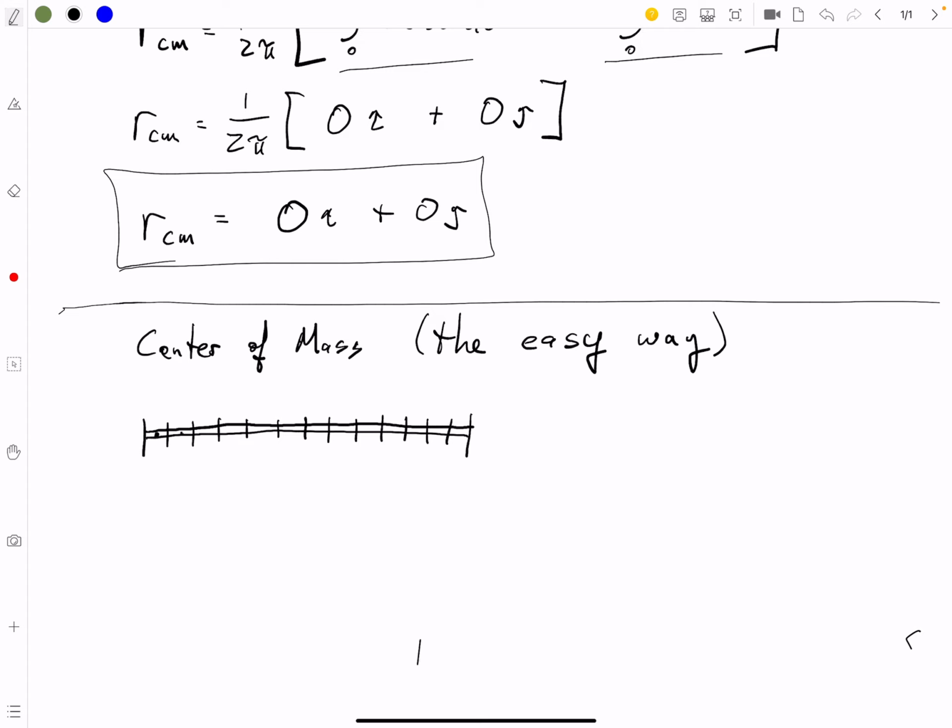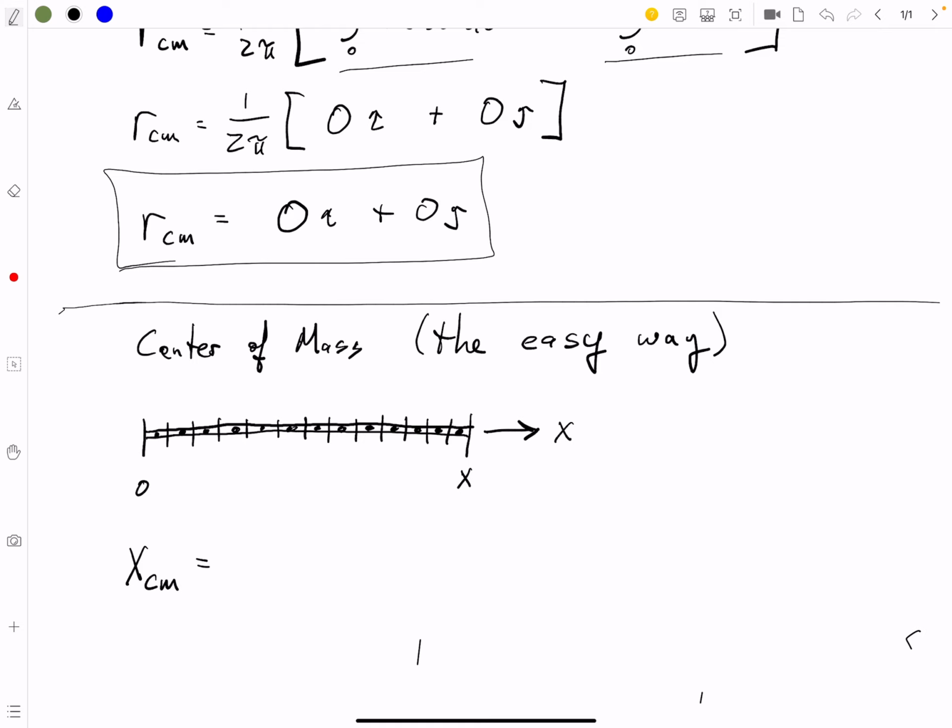Each of those sections has a center of mass. And then you pick an origin. So we could say this is our origin. We could also define our coordinate system. X goes that direction. Here's X. And we want to know what is the center of mass for this object.